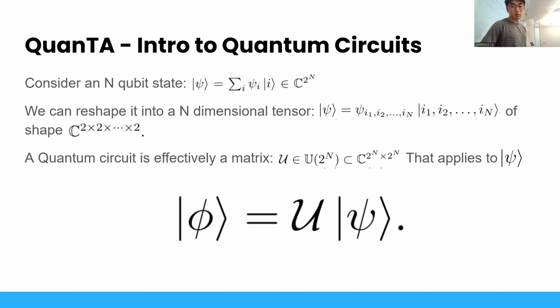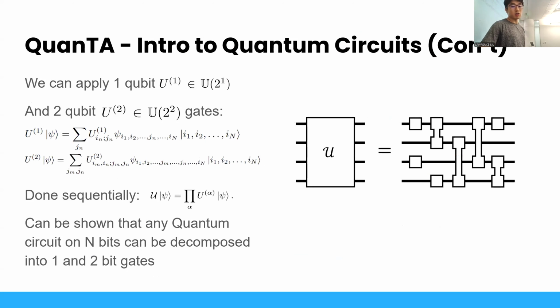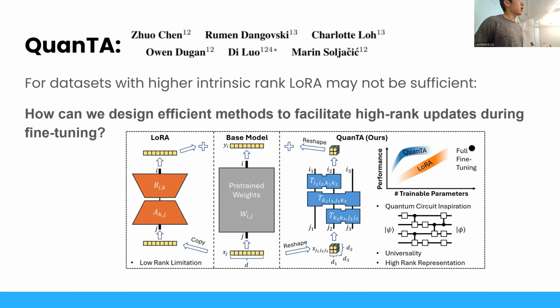So the shape of the adapters is really just this. If our quanta consists of three qubits, then you reshape your activations from a one-D vector into a three-D array, right?